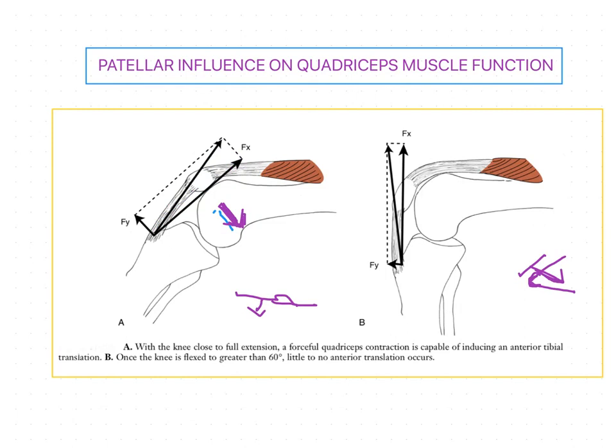So the quadriceps maintains a reasonable ability to produce torque in full knee flexion, although the patella contributes little to its moment arm.